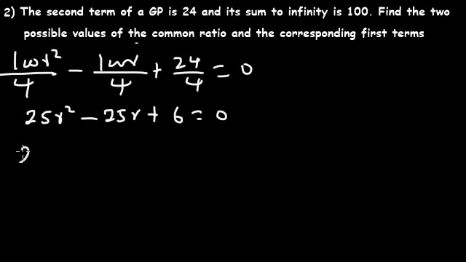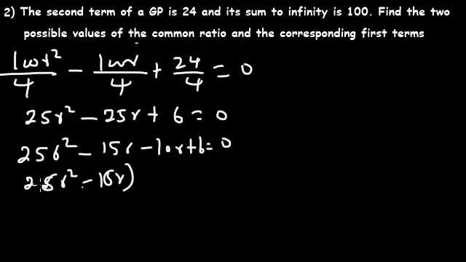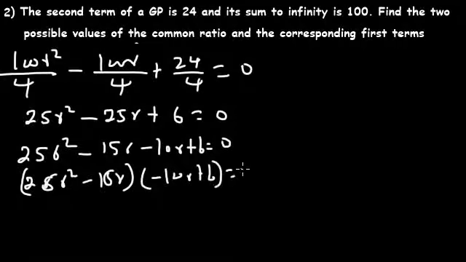So therefore, we now have 25r squared. Let's replace the middle term: minus 15r minus 10r plus 6 equals 0. Now when we group this, we have 25r squared minus 15r in parentheses. Then in another bracket, minus 10r plus 6 equals 0. For this one, let's factor out 5.